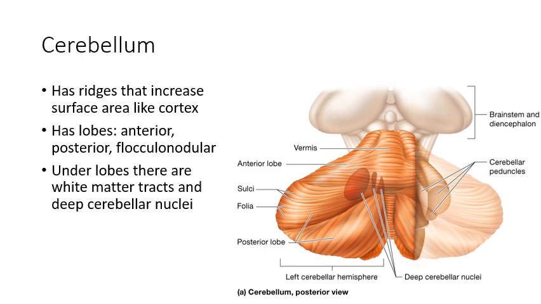The cerebellum is also receiving sensory information, primarily proprioceptive information. So that would be information about how much tension is in your muscles and about the angle that your joints are at. So basically, how your body is positioned, and how much strength or tension is in your muscles.